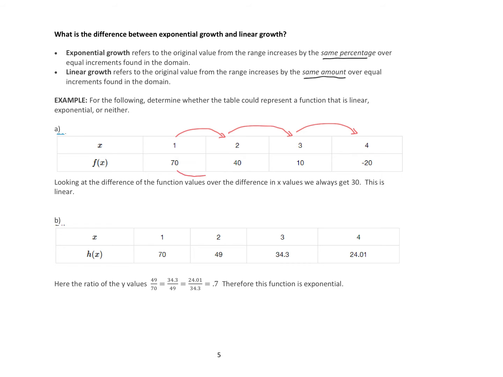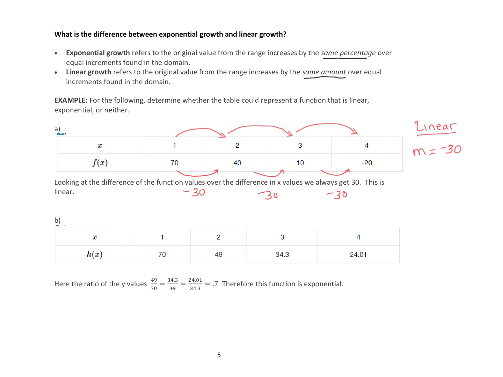I think you can see fairly easily that if we subtract 30 each time, and then subtract 30 again, and again, we get the f of x, or the y values. That means that this function is linear.